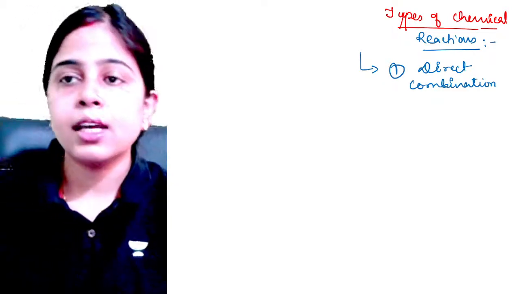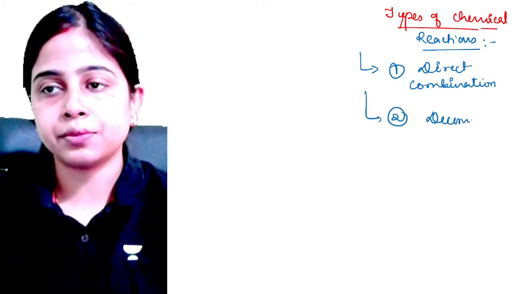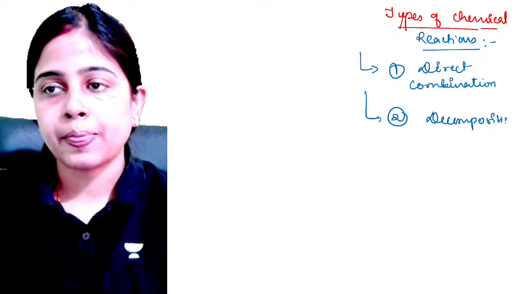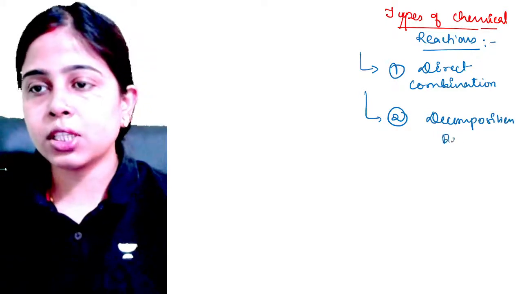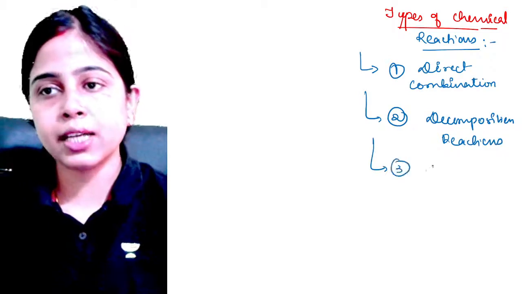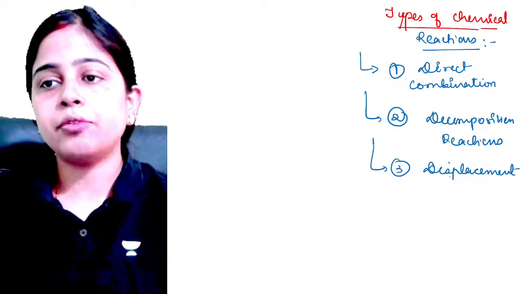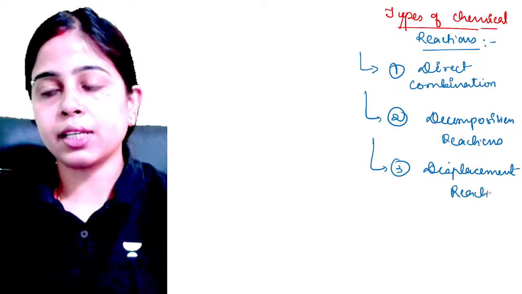Anything you can call it. The second type of chemical reaction is decomposition reaction. Then third is displacement reaction. And fourth is double displacement reaction.